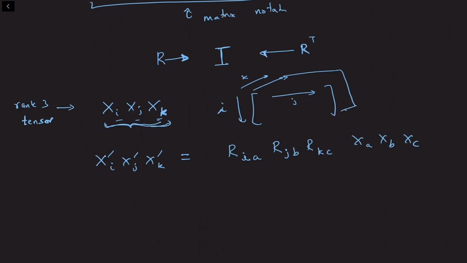And this transformation rule is effectively telling me that I have to hit it with a matrix R from the left, a matrix R from the right, and a matrix R in this perpendicular direction.